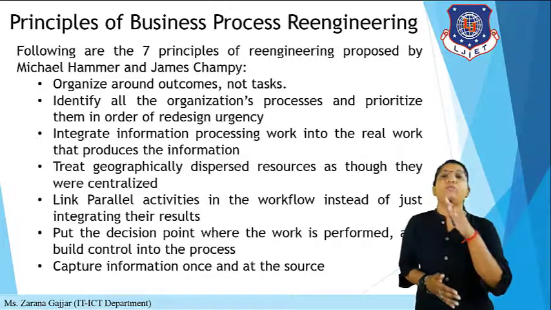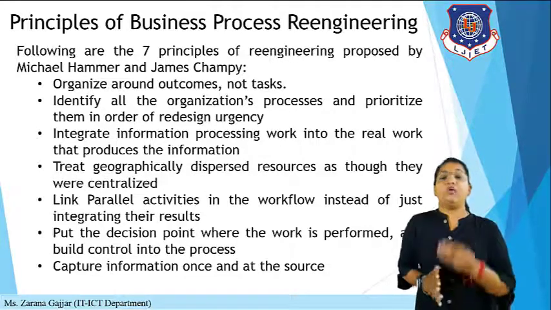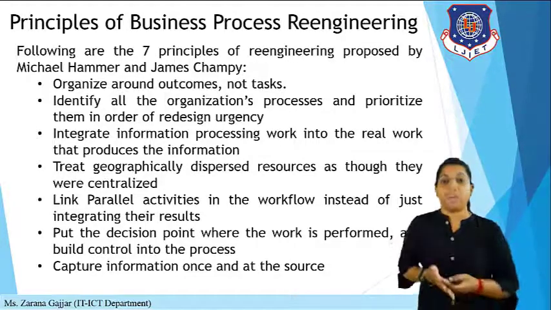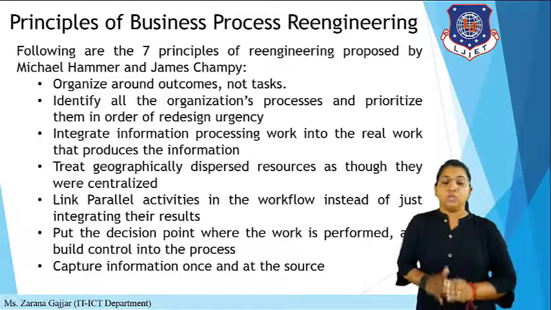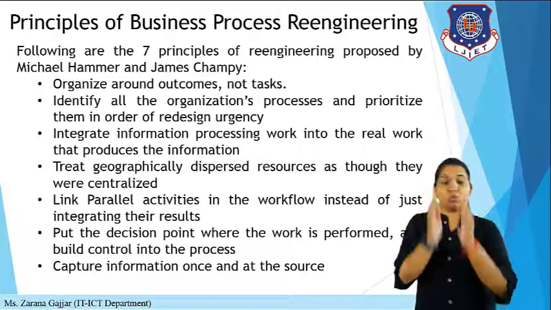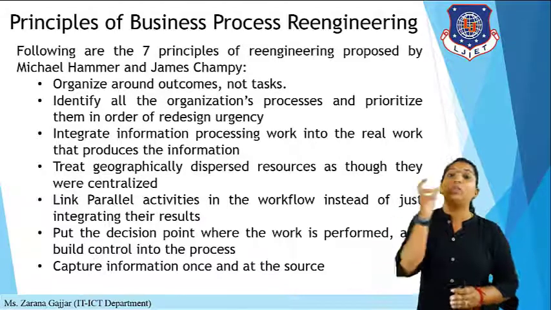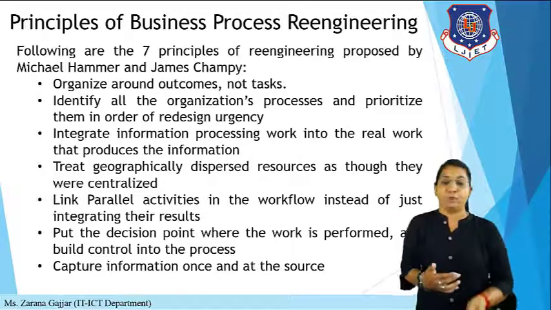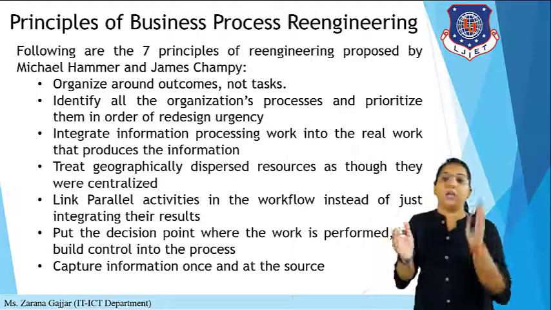You don't have to follow tasks; you have to organize the outcomes. Then you have to identify all the organization processes and prioritize them in order to redesign urgency. So whatever features the existing system has, you are going to identify.